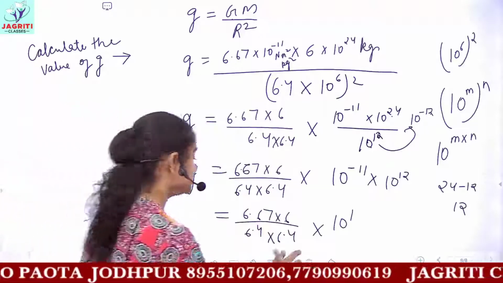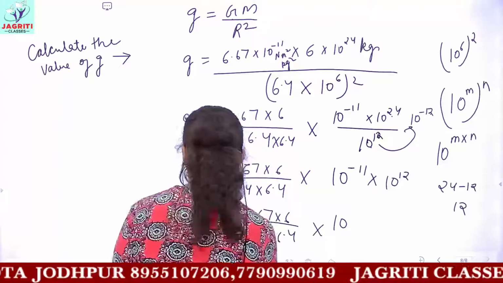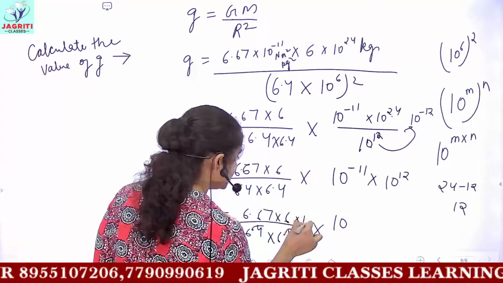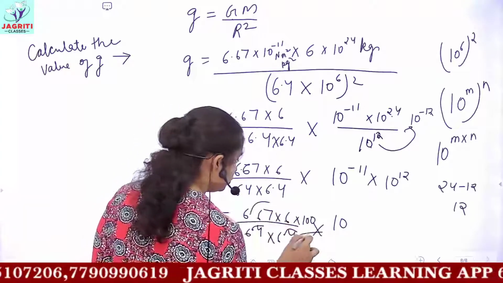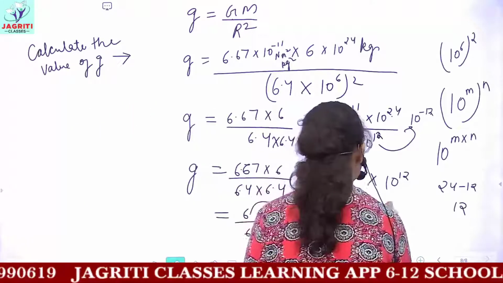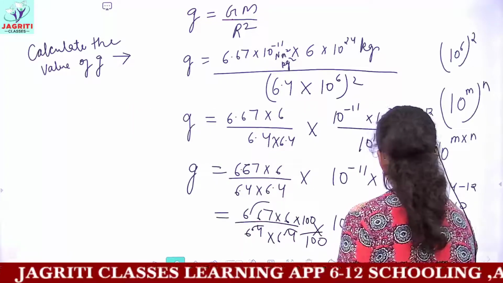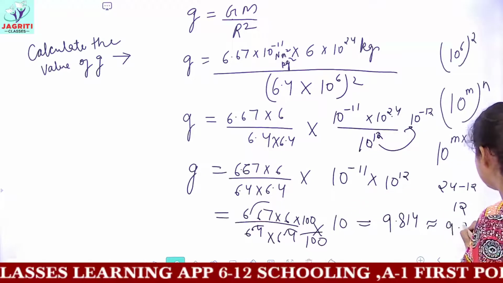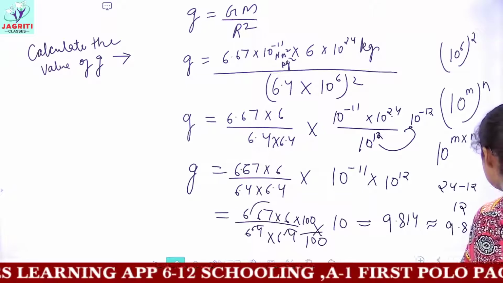And 10 to the power 1 means 10 itself. Then remove the decimal points. When you remove both the points, you get a factor of 100. Then when you solve it out, you'll get the final answer to be 9.814, which is approximately taken as 9.8 meter per second square.